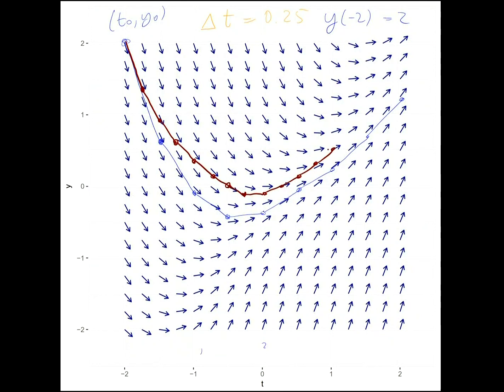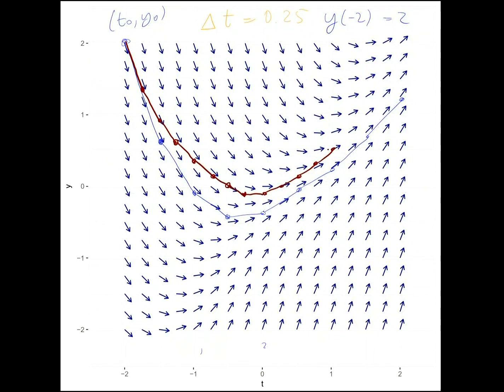So by choosing a value of delta t, I am going to construct a solution in the form of a piecewise linear function. So it is going to be an approximate solution.